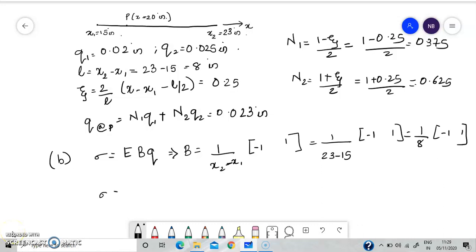Substituting the other values, E is 30 into 10 to the power 6 psi, and Q is given by Q1 and Q2.